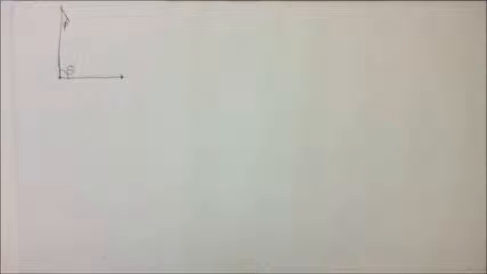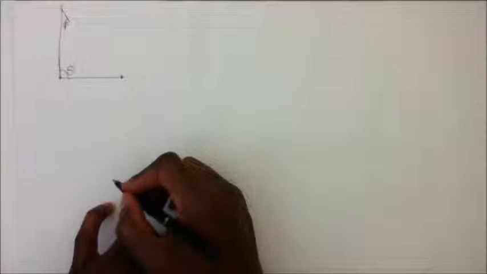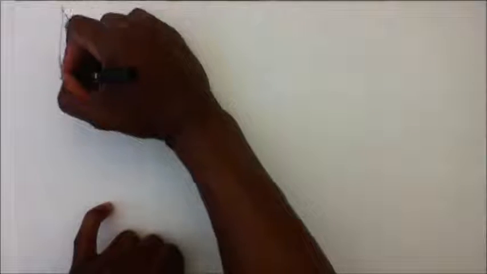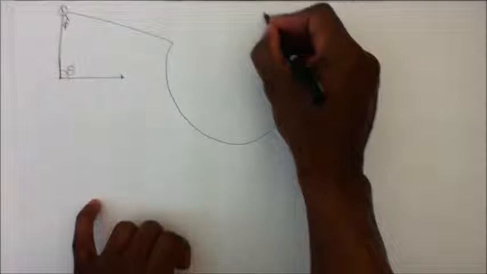Okay, so now, if that angle stays the same, let's say there's an instantaneous change in time, which means there's a very small change in angle. We're going to take that point and expand it and take a closer look.